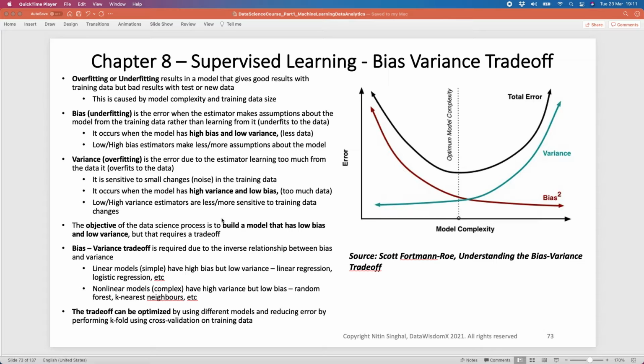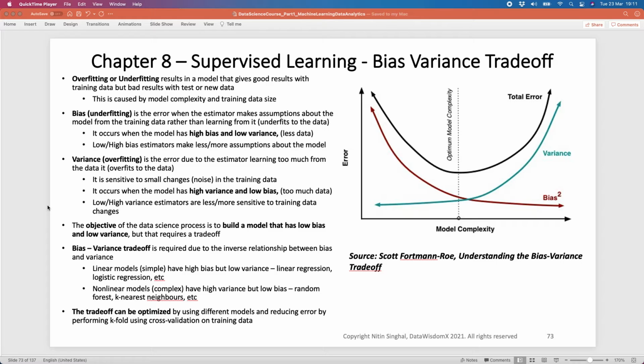So if you have a large data set, yes, you can use neural networks. But if you're trying to use neural networks for a small data set, then most likely you will see the impact of bias and variance. Because it's a complex model with a small data size, it'll most likely give you inaccurate results. But again, that depends on the problem and the data size.